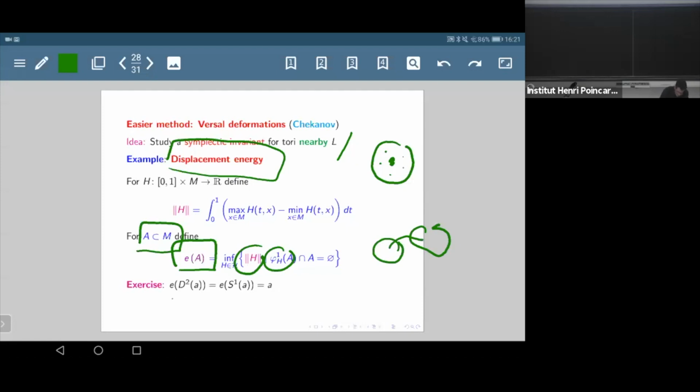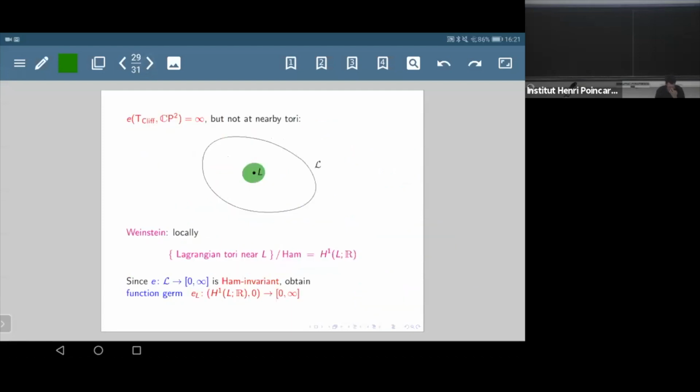Okay, for instance, and this is not easy to prove. For a disk, it's easy to see that the disk of size A needs energy not less than A. But to prove that you cannot do better is actually not easy. But it's known by Helmut. Okay, so the problem is that, for instance, the Clifford torus in CP2 has infinite energy, but the nearby ones not.